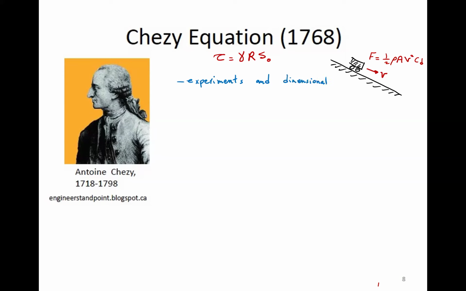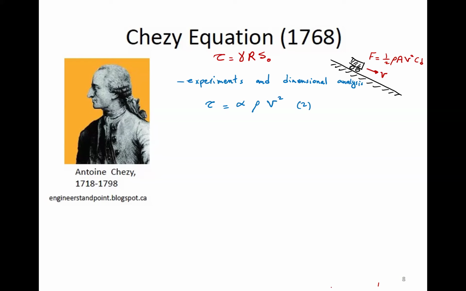The thought that he had was that, just like the object going down the slope, tau, which is the force acting on the object, should be proportional to some coefficient, alpha, times rho times v squared. Let's call this one equation 2.